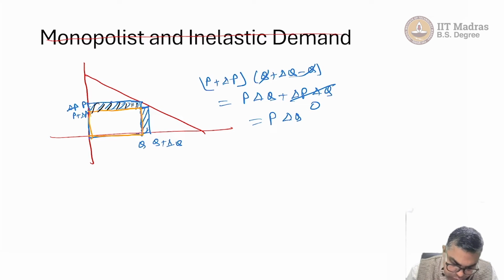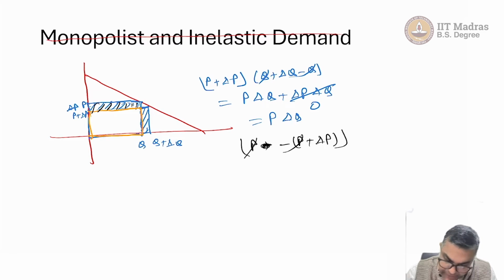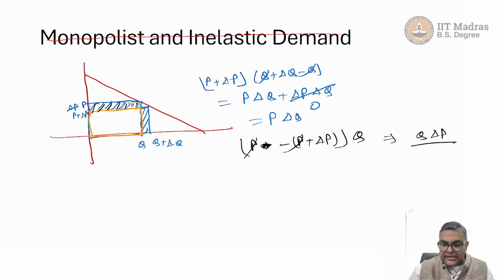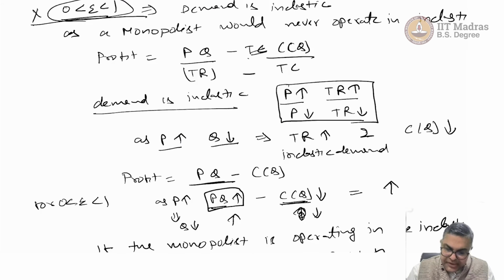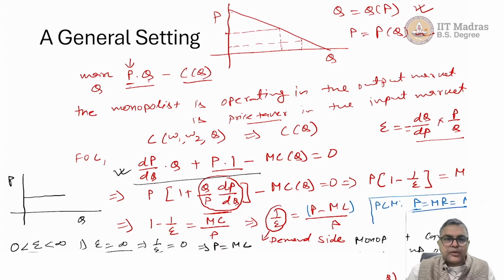It is simply P minus (P plus ΔP), and the sign can be problematic, but that's okay, ΔP multiplied by Q. So Q ΔP is the loss in revenue because of that. That's what you should understand. So this part should be clear to you, what's happening in the general setting.